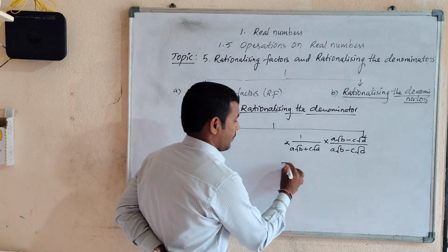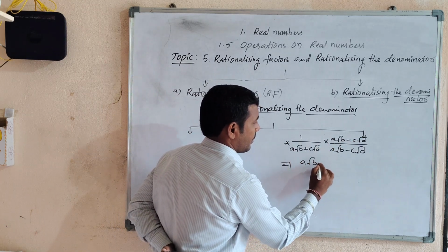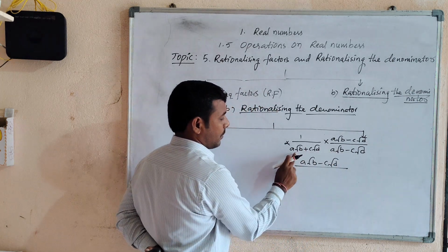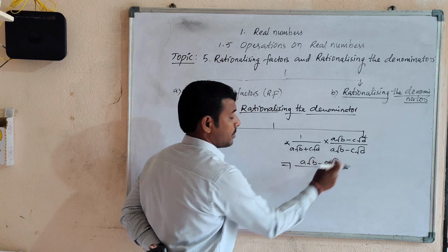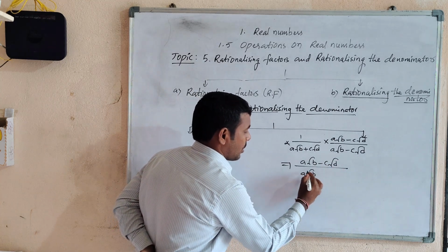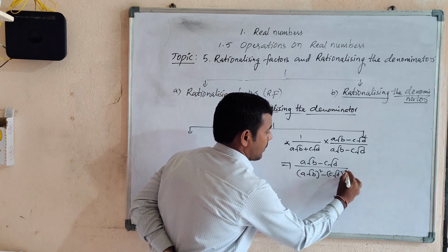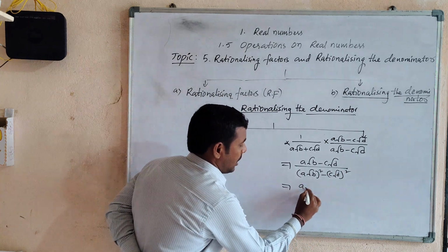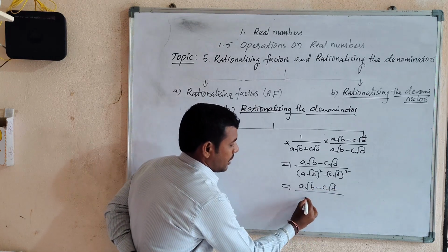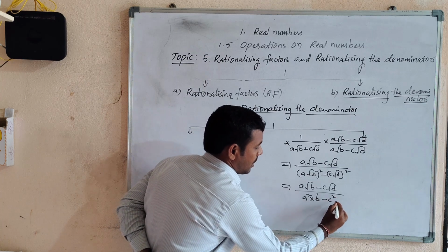I think you understood. Now 1 into this whole, same only, by here what happened? It is in the form of a plus b, a minus b. So a into square root of b whole square minus c into square root of d whole square. Further, the answer is a into square root of b minus c into square root of d by a square into b minus c square into d.